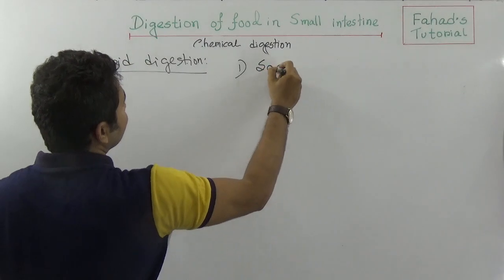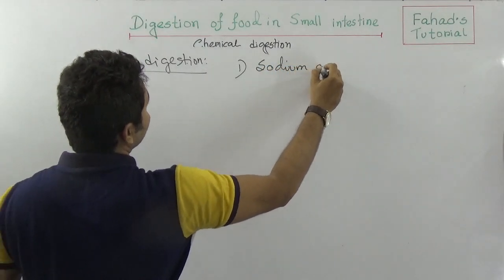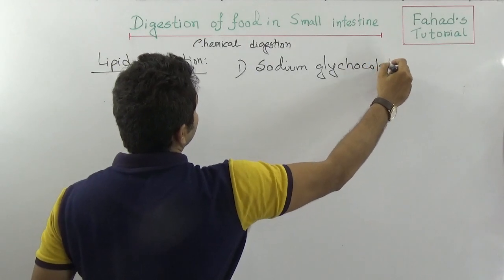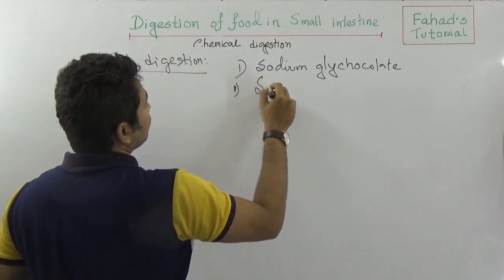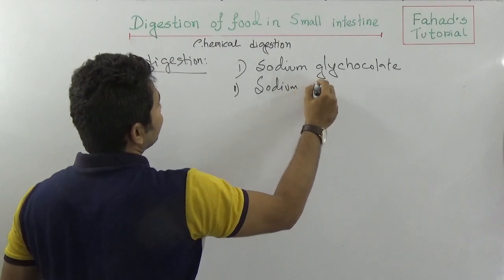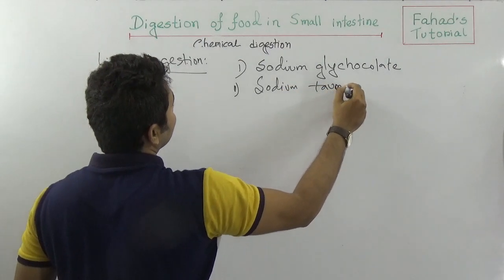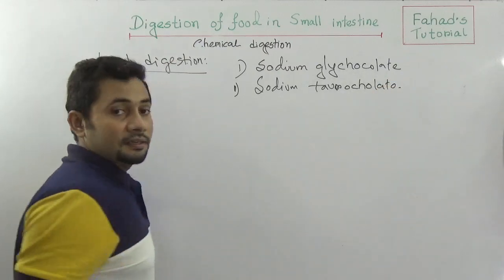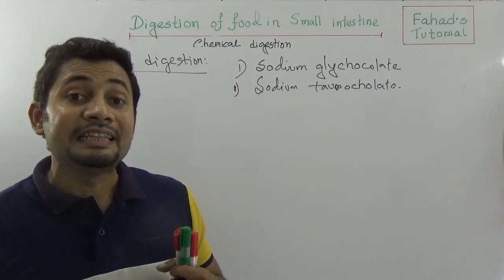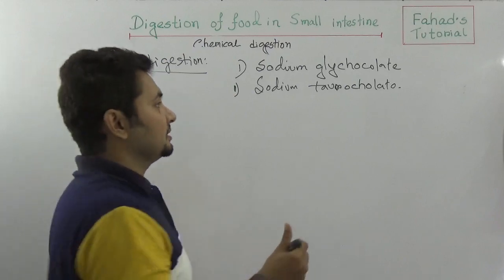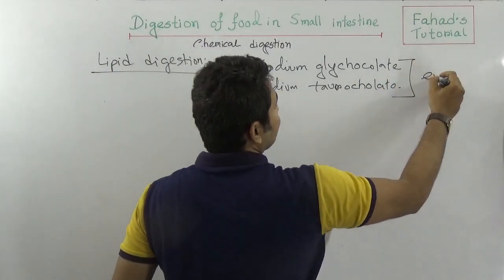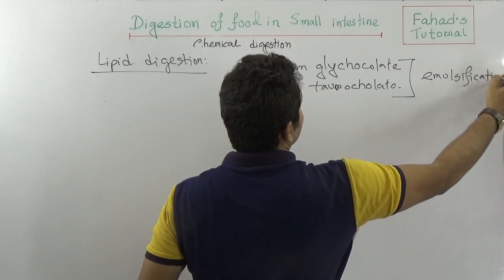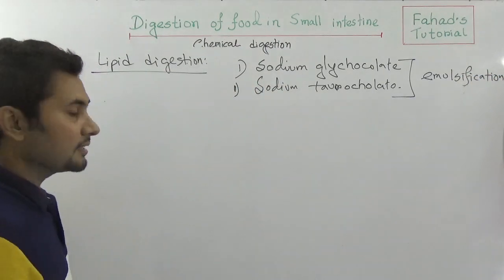Bile salts, that is sodium glycocholate and sodium taurocholate, make what? Make lipid into smaller segments, and that is called emulsification.